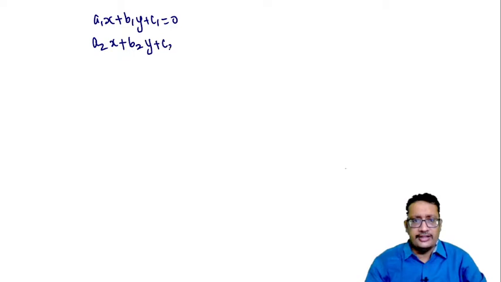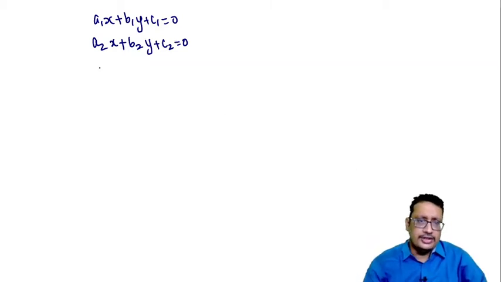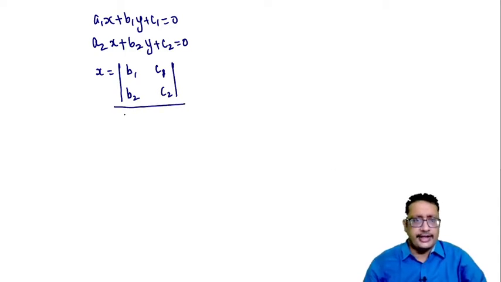And I say find the value of x and y in terms of a1 b1 c1 a2 b2 c2. You will say okay, x is the determinant of b1 c1 b2 c2 divided by the determinant of a1 b1 a2 b2.